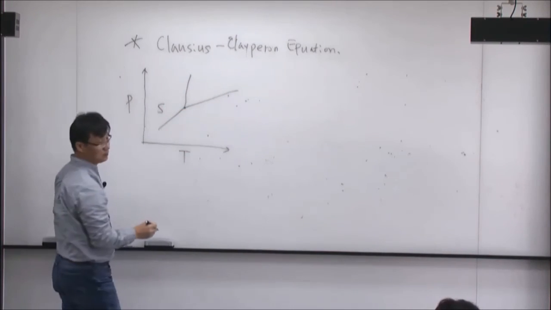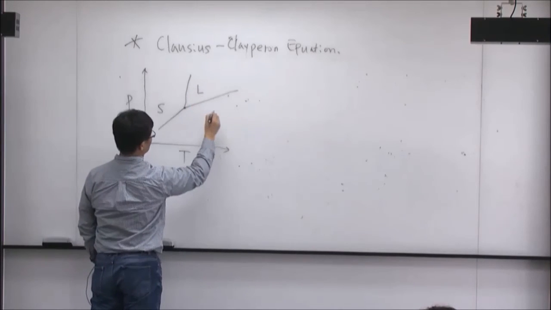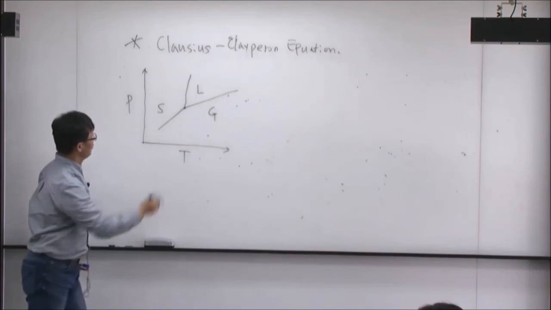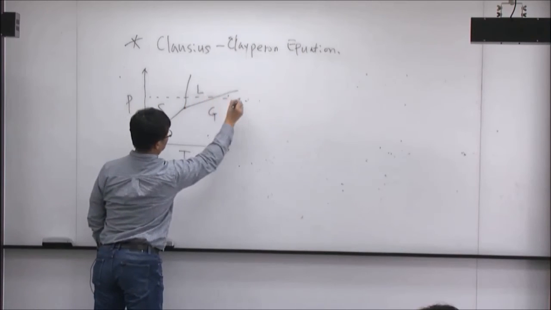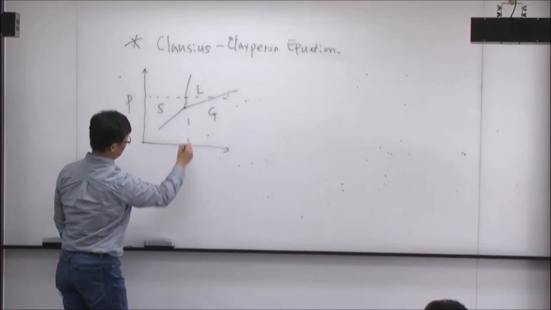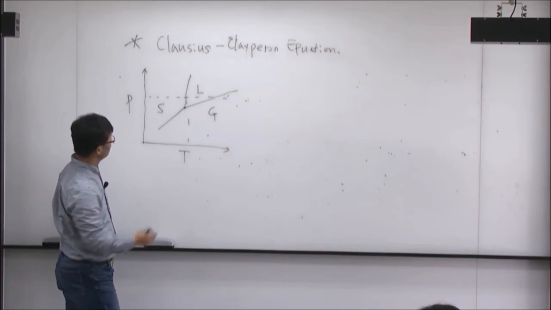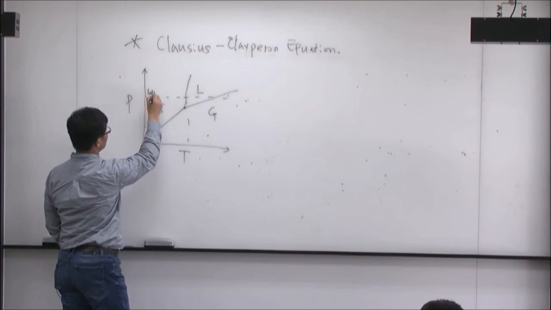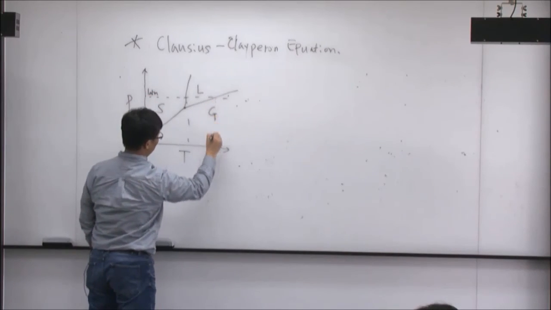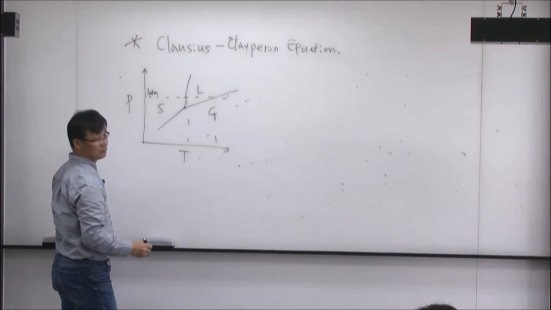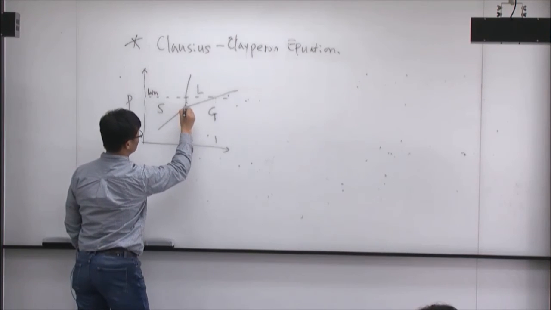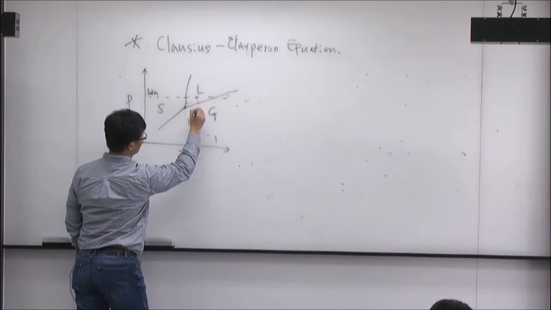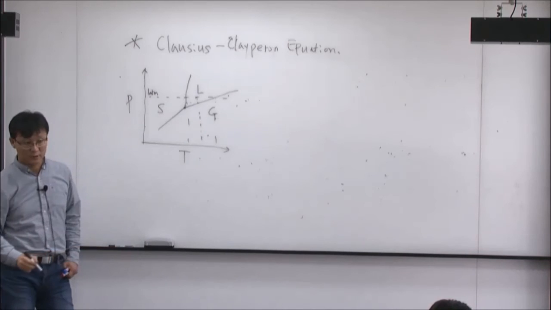At 1 ATM condition, for example, this is the melting temperature and this is the boiling temperature. And if you extend this one further here, this will be the sublimation temperature. Yeah?